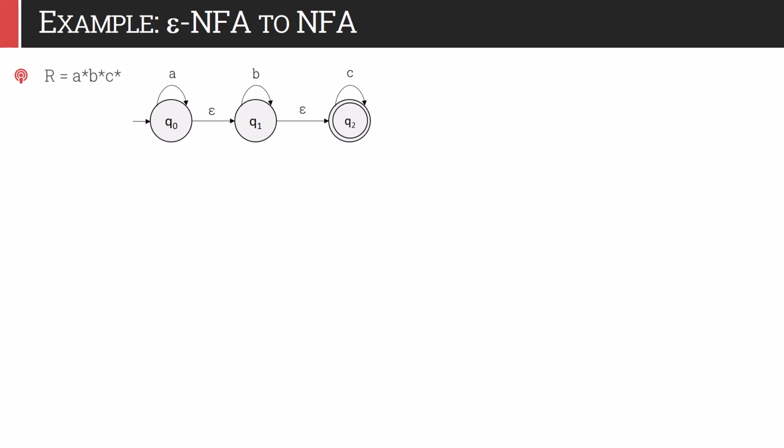Now we will move step by step. First we'll try to reduce the epsilon transition between Q1 and Q2 because Q2 is a final state. So we may need to back propagate in the reverse order. So first we'll eliminate the epsilon transition from Q1 to Q2. There is one arc from Q2 that is originating from Q2.